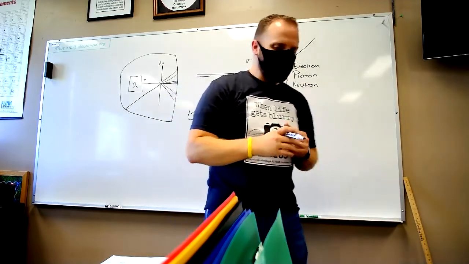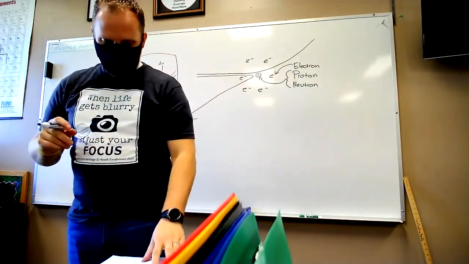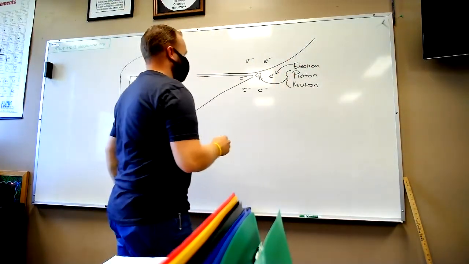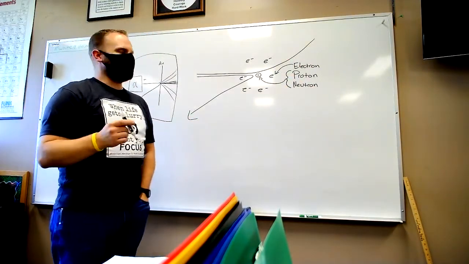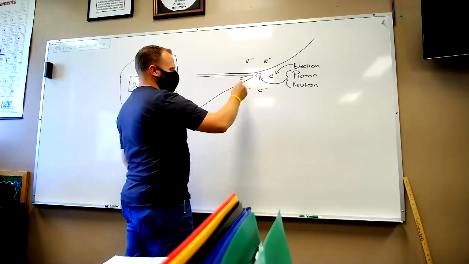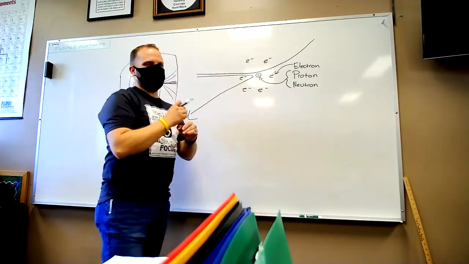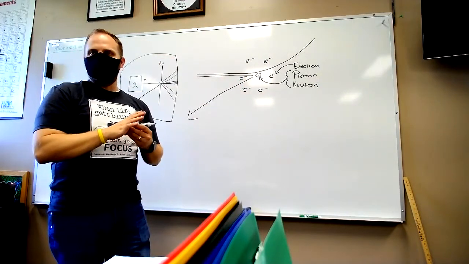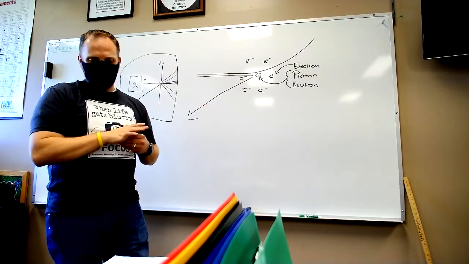Now, we have still refined this idea a little bit more over time. Essentially, what happens is we have the protons and the neutrons at the center, and then instead of just electrons being randomly throughout, they have to be in specific areas. But don't worry, we'll get to that.